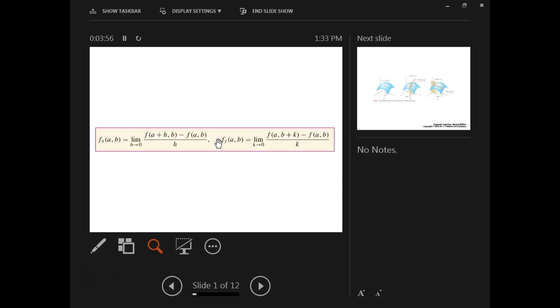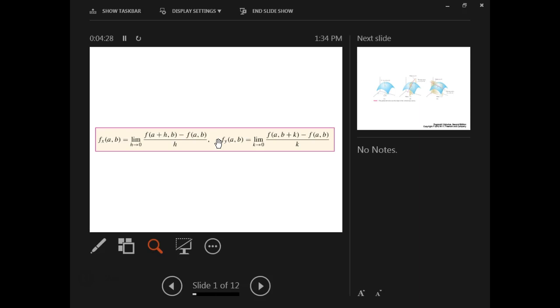Whereas the partial of f with respect to y, evaluated at the point a, b, is the limit as k approaches 0 of f of a, which doesn't change, okay, a comma b plus k, minus f of a comma b, okay, meaning that you're changing your y by just a little bit, and this is the change of f with respect to y, okay.